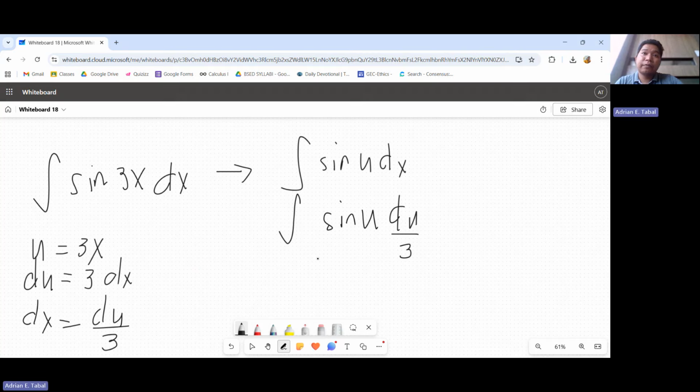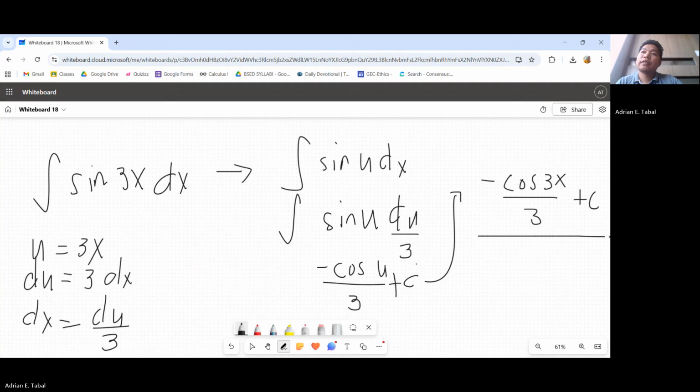So we have negative cos u over 3 plus c. We have the value of u, which is 3x, so we substitute. Our answer is negative cos 3x over 3 plus c. And that is how you solve functions using u-substitution.